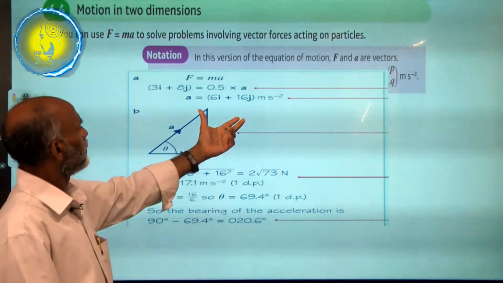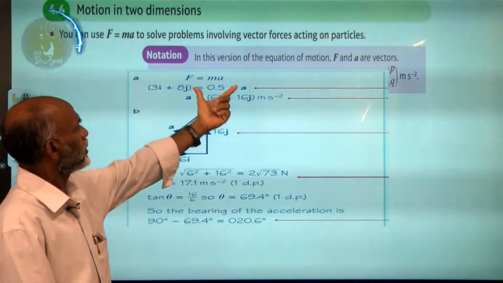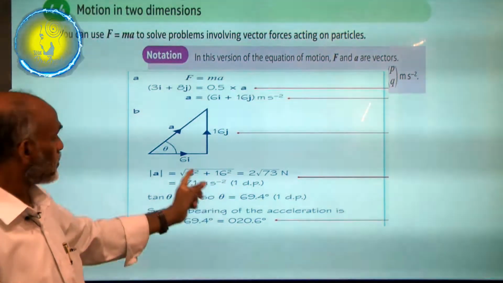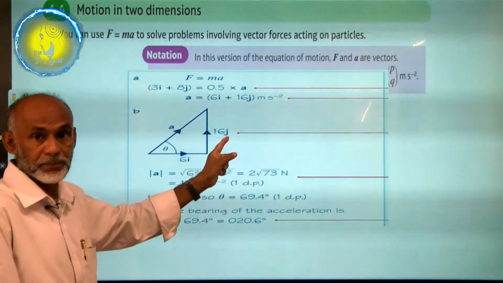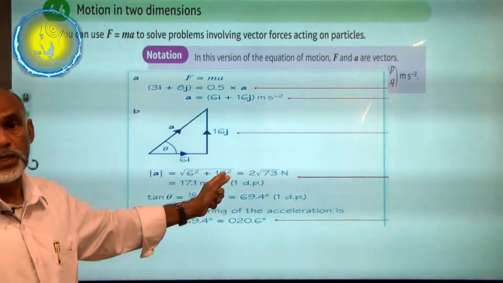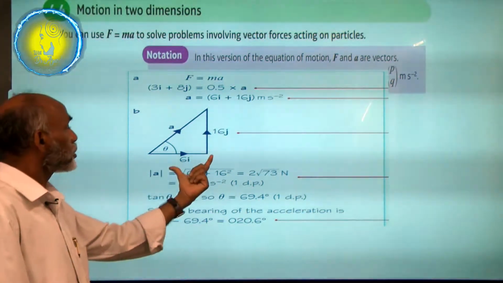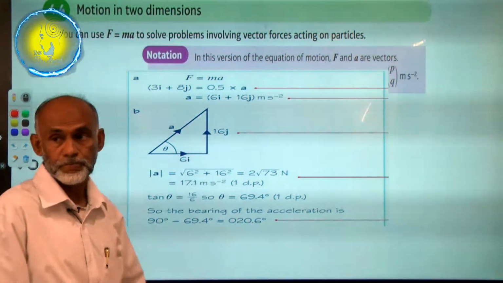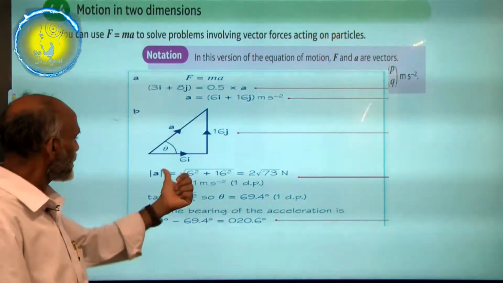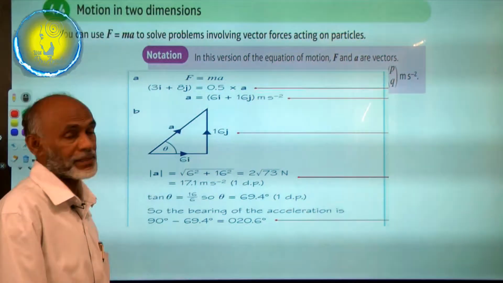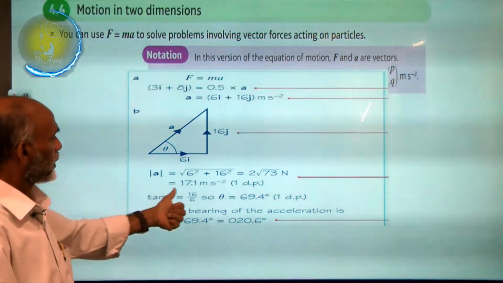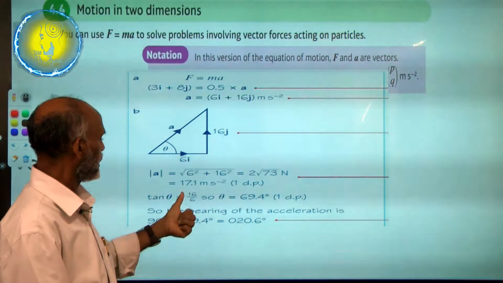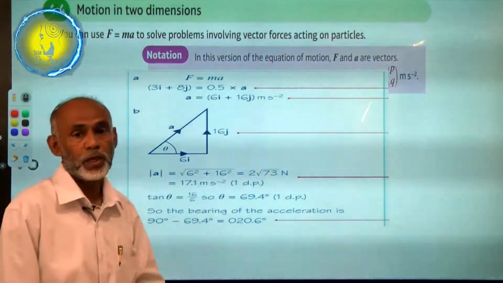You can see the acceleration is 6i plus 16j. Its magnitude can be found with Pythagoras' theorem, applying the Pythagoras rule to the horizontal and vertical vectors, which we call i and j. The magnitude of the acceleration is equal to 17.1.